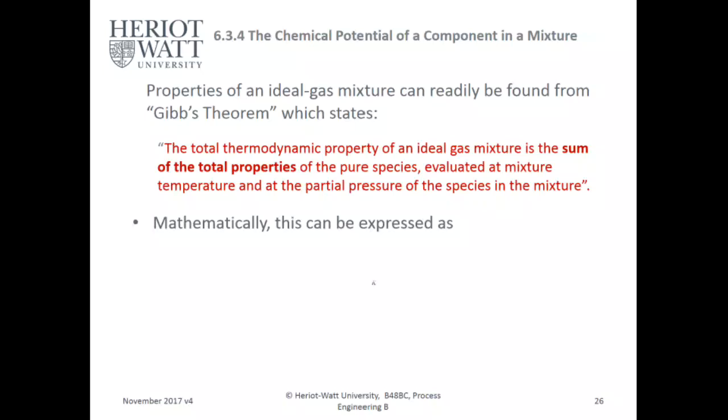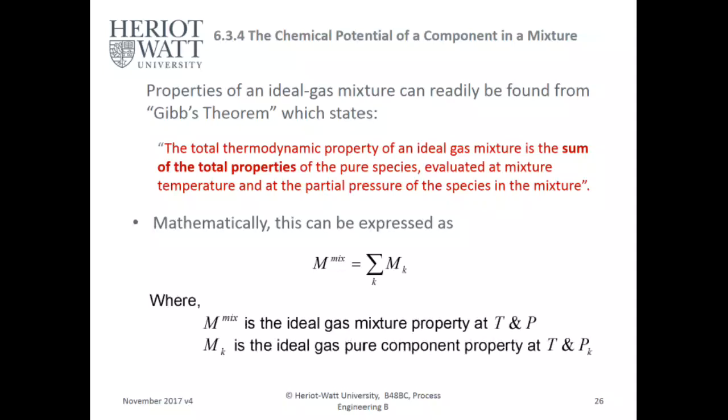Mathematically, this can be expressed as M mix equals the sum of Mk over k, where M mix is the ideal gas mixture property at that specific temperature and pressure, and Mk is the ideal gas pure component property at temperature and pressure k. So how each component behaves at that specific pressure and temperature. So you have the mixture with respect to the pure component.